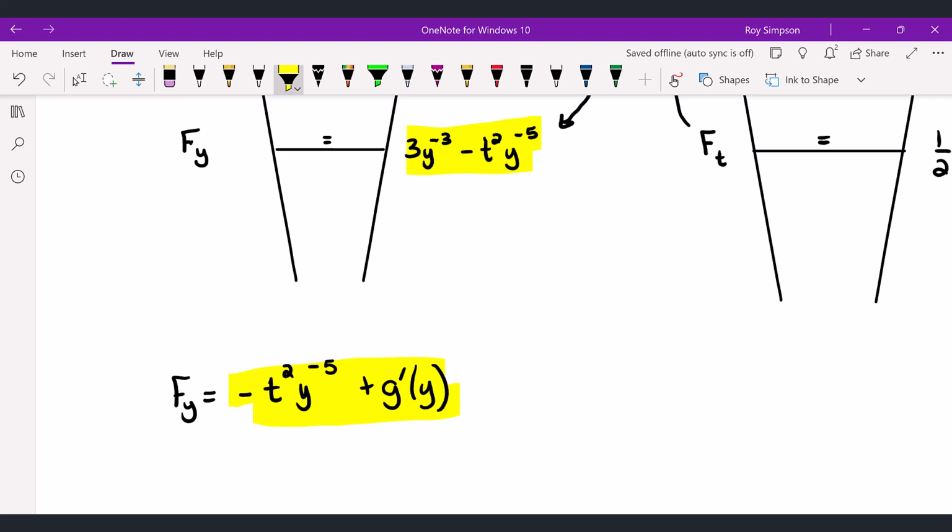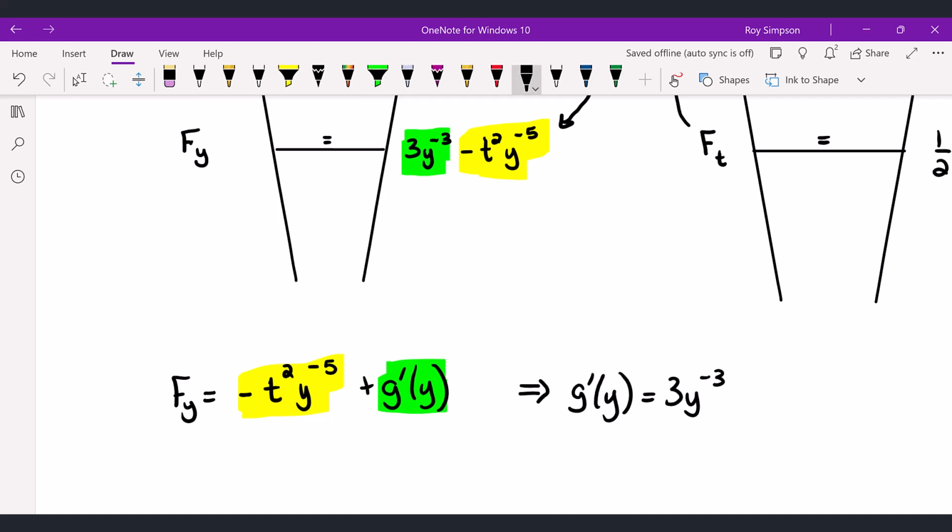In fact, you can see that this piece right here matches that piece identically. However, this does not match that identically, but those two things must be equal. That is, g prime must equal 3y to the -3rd.